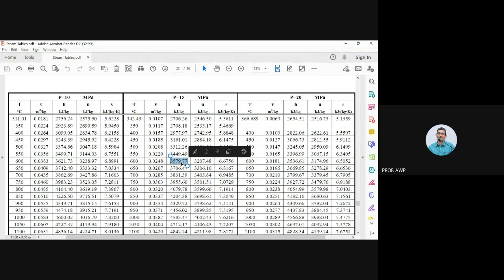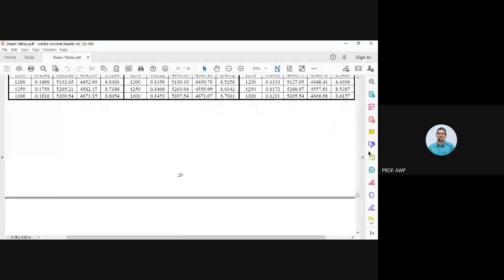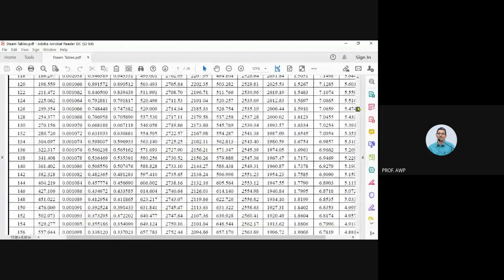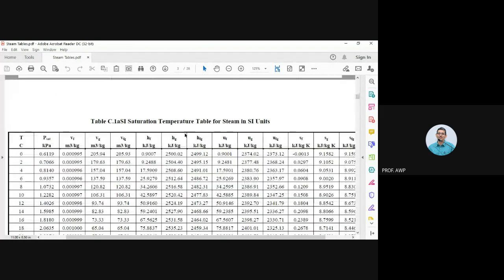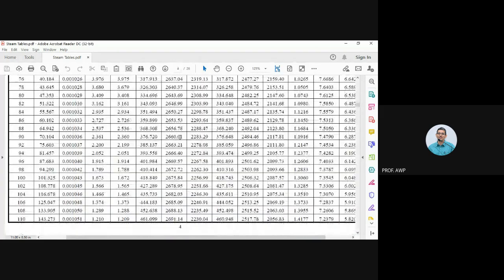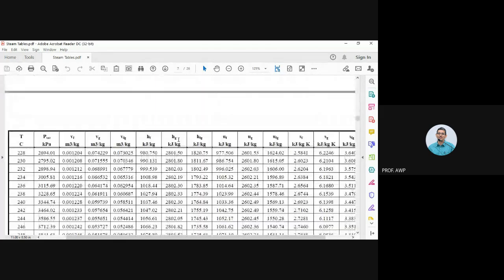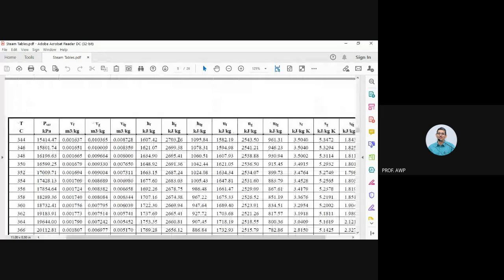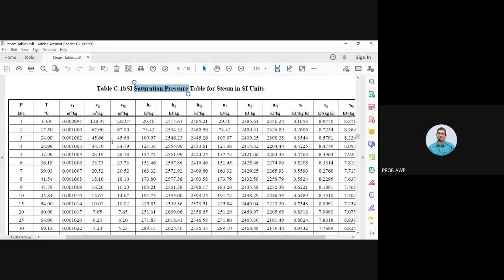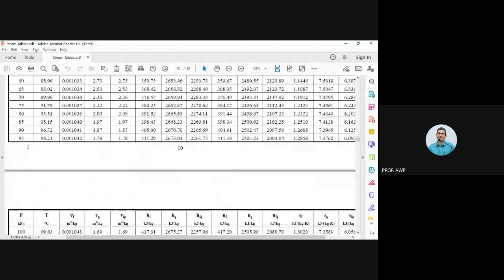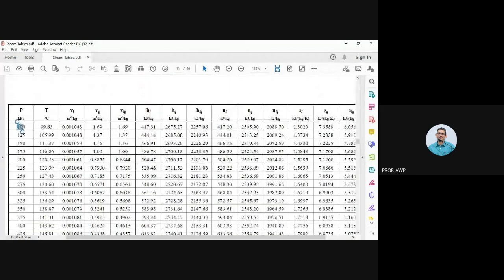Now we need 10 bar saturated steam coming out of the turbine. Now we have to go back to the saturation pressure table. Okay, 10 bar. This is the saturation pressure table. 10 bar means, this is 100 kilopascal, there is 1 bar.